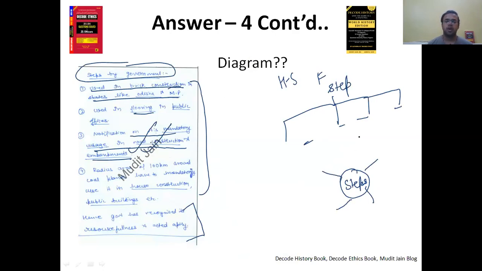You can even draw a map. If you want to be very creative, you can draw a map like Odisha portion you can show, or central India you can show in map and say that these are the areas which produce fly ash majorly in the country, and these are the areas which are using them in one way or other across the country.